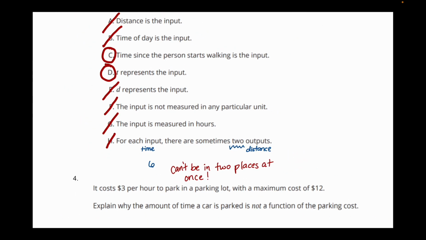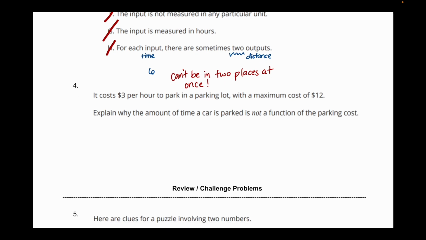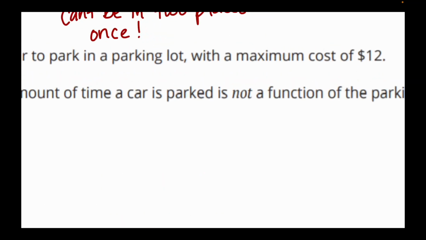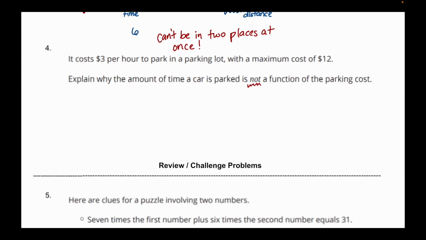Okay, now let's look at question number 4. It costs $3 per hour to park in a parking lot with a maximum cost of $12. That sounds just like the question that we had on the previous page. But now we have this additional piece. Explain why the amount of time a car is parked is not a function of the parking cost. So it is not a function, and we need to explain why.